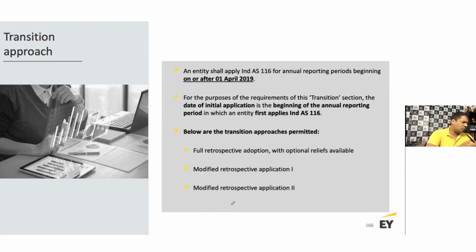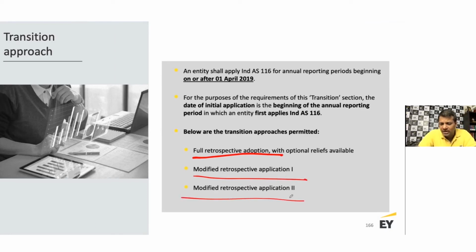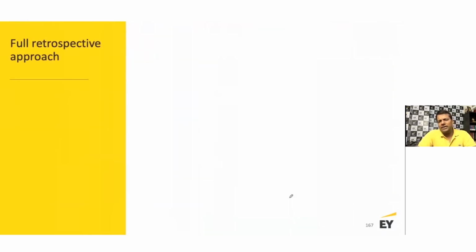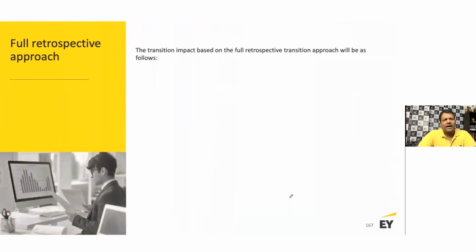There are three approaches: full retrospective, modified retrospective option 1, and modified retrospective option 2. A full retrospective approach means you apply as if the standard was always in force for all leases which are outstanding at the date of transition, including the comparative period.